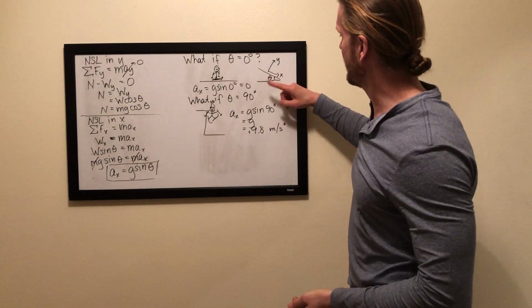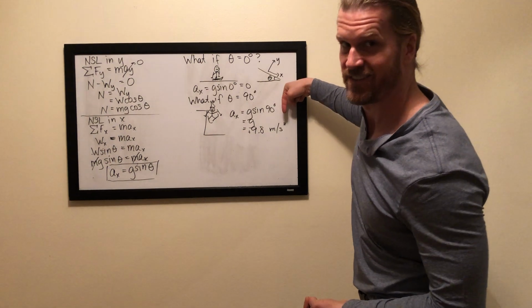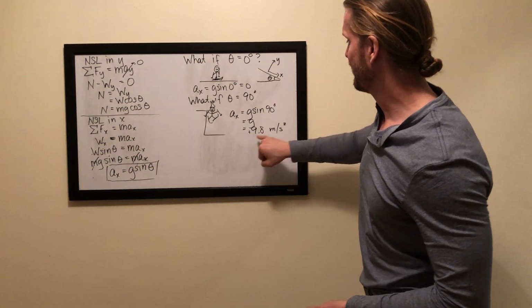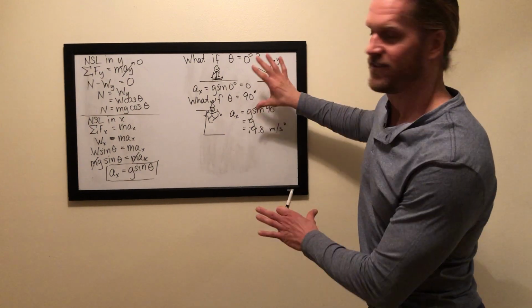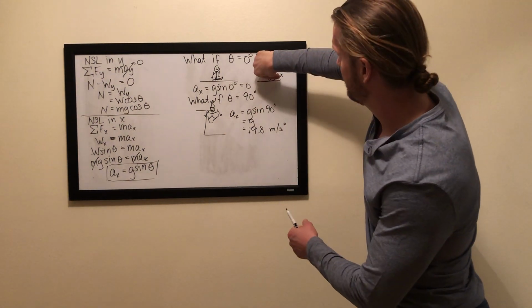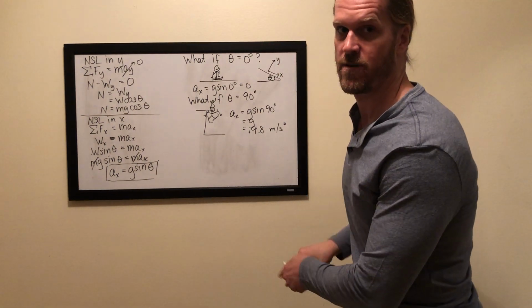So that by the time you bring that angle up to 90 degrees, positive x is down. So that's what's happening here. Ax is positive 9.8 because the way we set up the coordinate system, increasing theta means that by the time you hit 90, positive x is down.